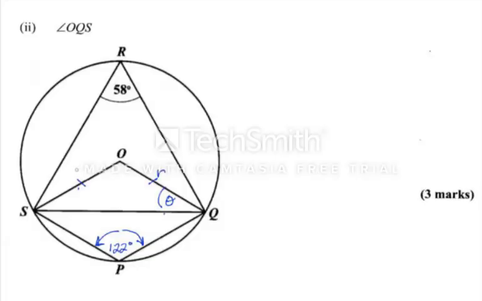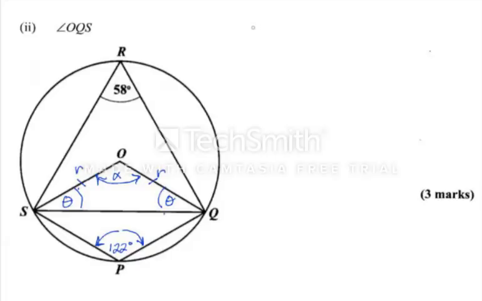This is radius. This is radius. Now, if OQS is an isosceles triangle, the 2 base angles, the one at Q and the one at S, are equal, because the base angles of an isosceles triangle are equal. Let us determine the size of the angle here. All right, let's call it alpha.